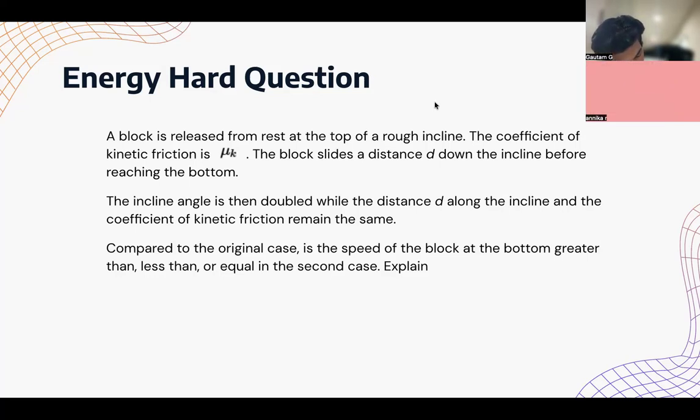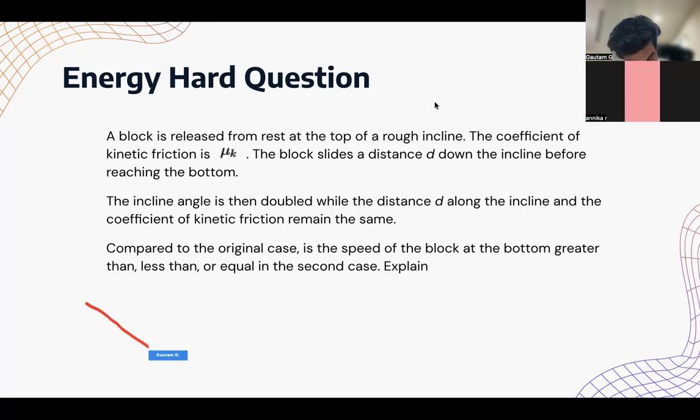So the first case, right? Let's just say that's too steep. Let's do this. The first case is this: some angle here makes the block go this way. This is the first case. I'm just gonna draw it out.